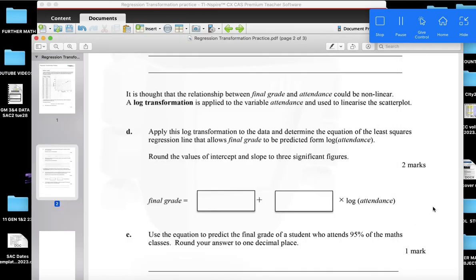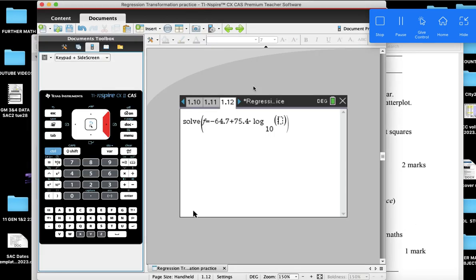I think it said 95, sorry, I couldn't remember. Attendance 95, comma F, that person who attended 95 got an 84%, that was the predicted, okay? So there's us doing that prediction.